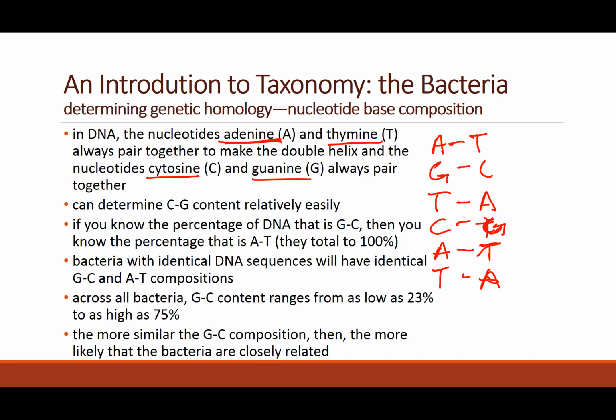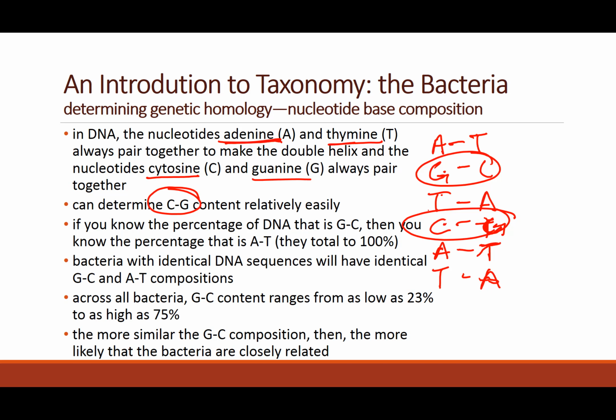If two bacteria had exactly the same DNA, then their CG content, so the amount of cytosine and guanine that we find in there, would be, it's like 1, 2, 3, 4, 5, 6. So what is that, about 18% each? So this would be 36%, give or take, CG, and then the other 64% would be AT.